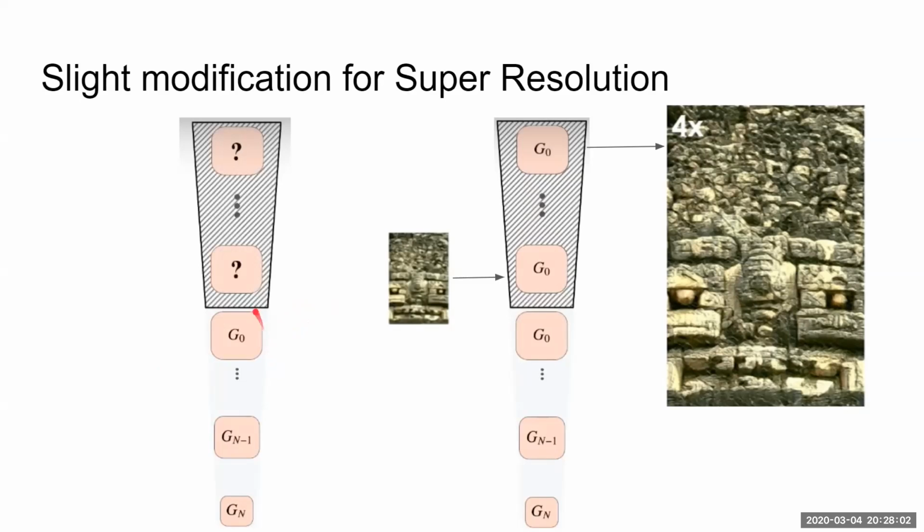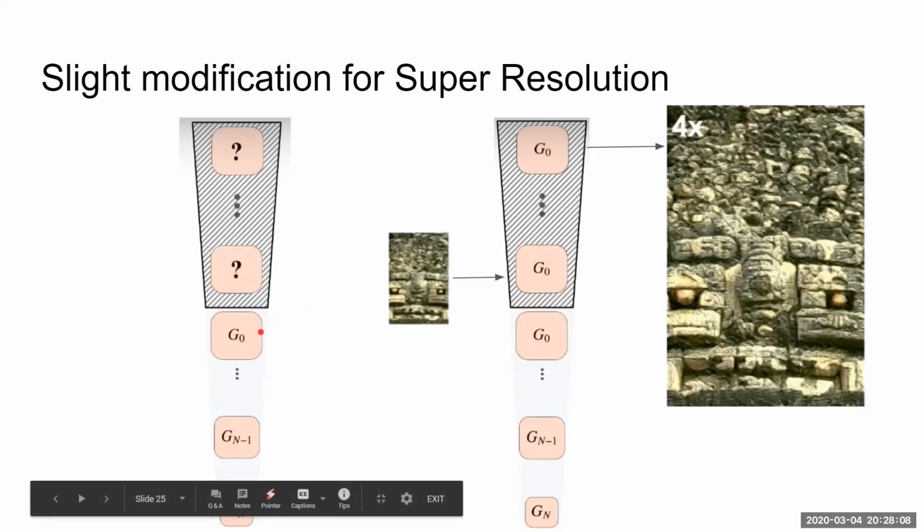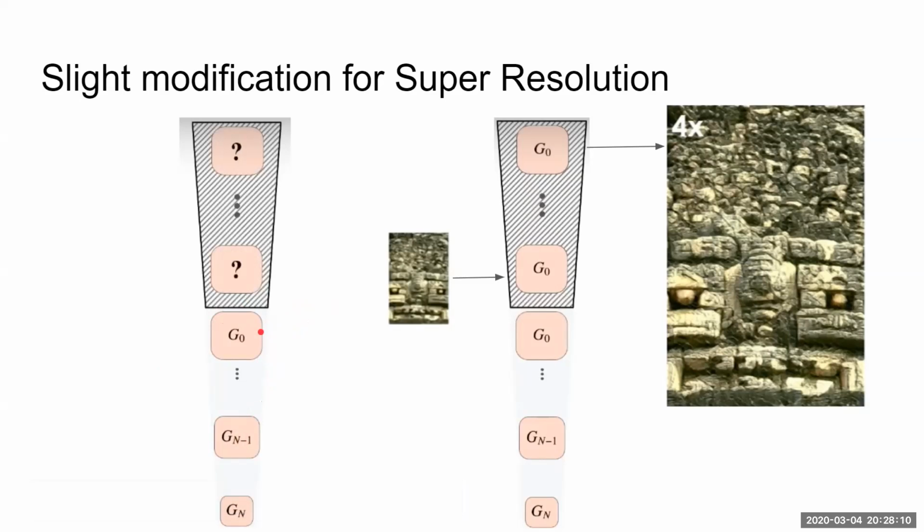The architecture is based on n scales only. So if we want to super resolute the image, we would need many more scales than the normal architecture would.